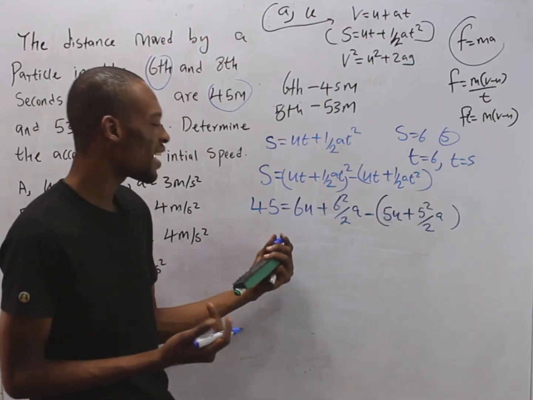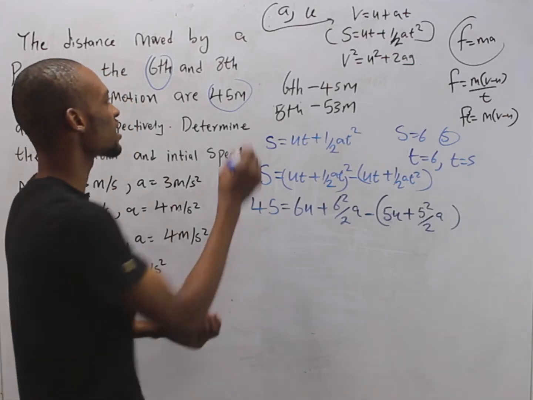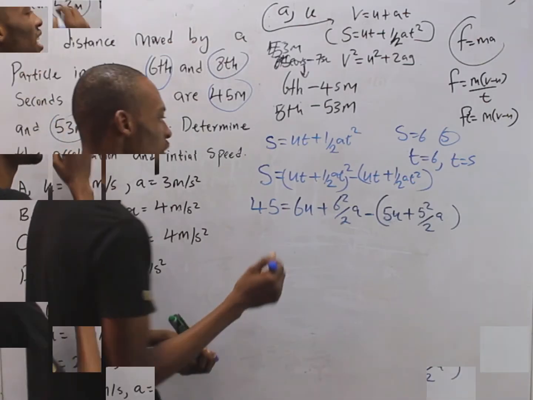This is the distance covered in the 6th second. Similarly, the distance covered in the 8th second of motion is 53 meters.